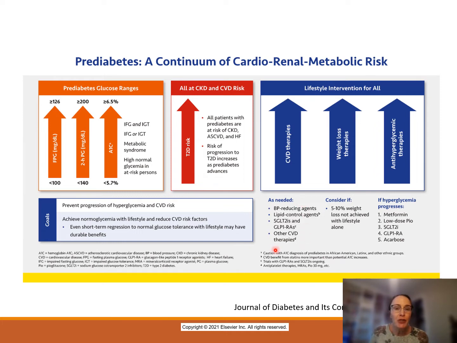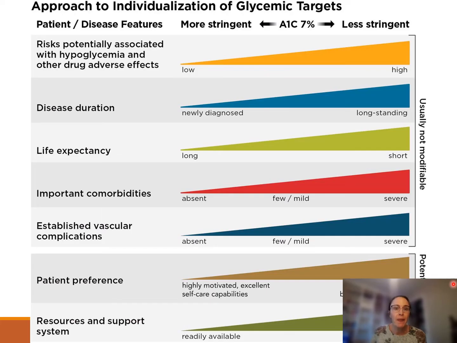But at this stage of prediabetes, you really want to remind people that if you can take them from prediabetes back to no diabetes through lifestyle changes, you can reduce their risk of becoming full-blown diabetic by almost 50% if they can continue the implementation of that.